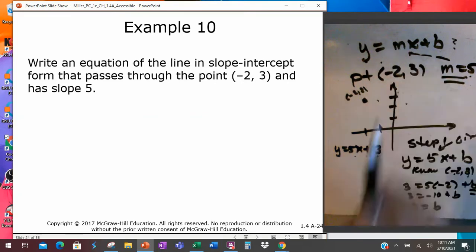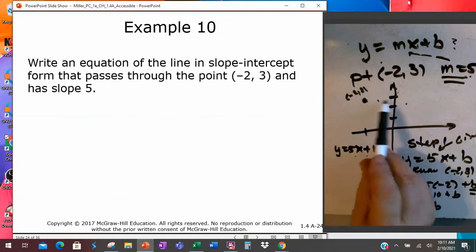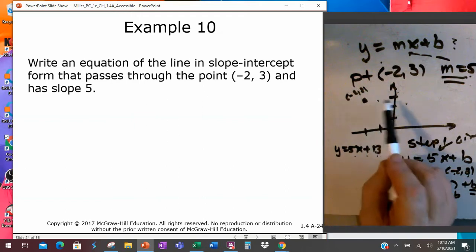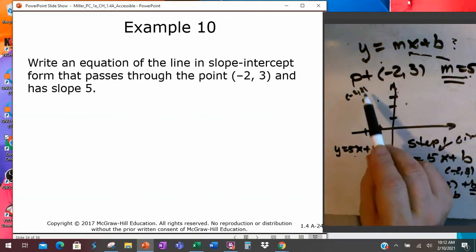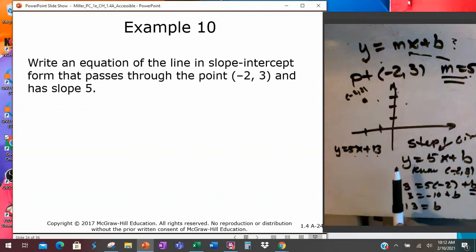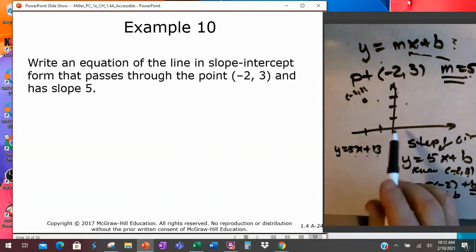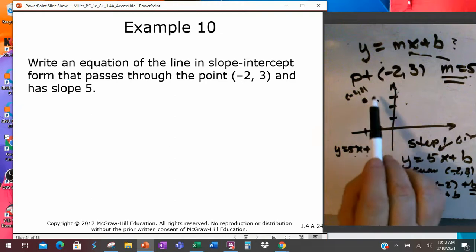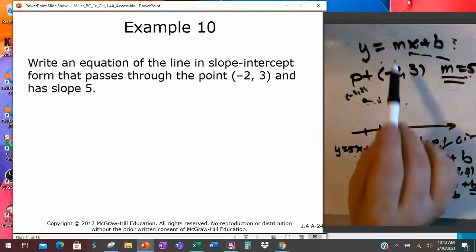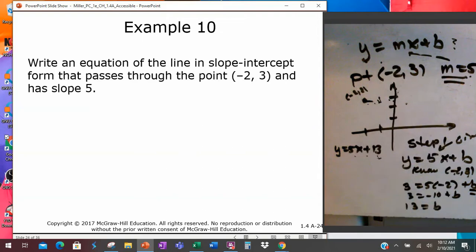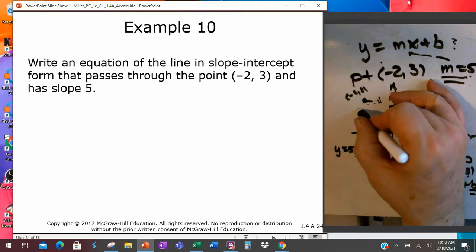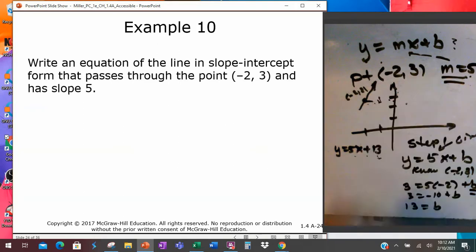By the time we stepped over 2 to get over here, we increased by 10, and the 10 plus the 3 gives 13. So that would be the y-intercept. This thing goes up pretty quick like that. I would use this bottom thing to graph.